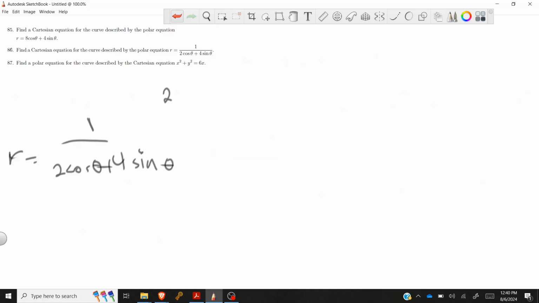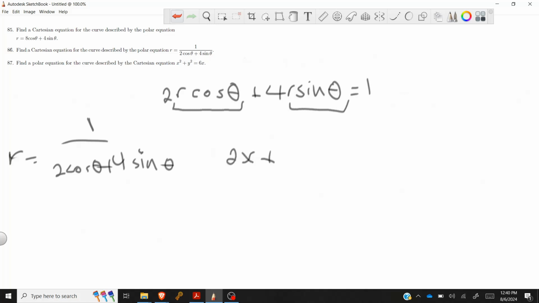So when we do that, we'll get 2r cosine theta plus 4r sine theta equals 1. And we know that this is x and this is y, so we get 2x plus 4y equals 1.